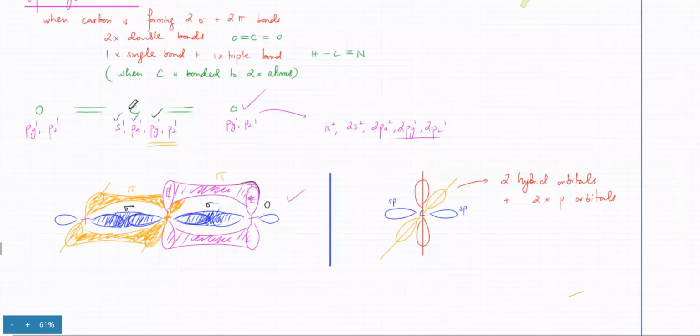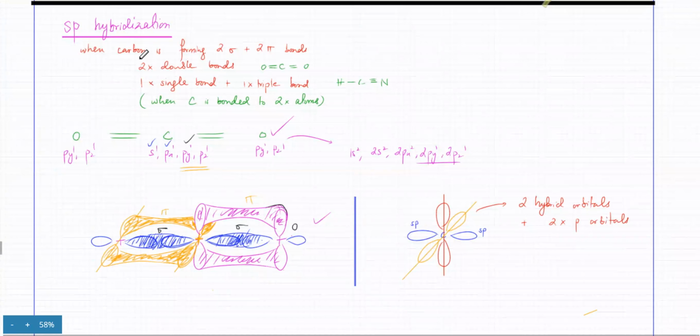And then sp hybridization is when carbon is only bonded to two atoms, or you can say it's forming two sigma bonds and two pi bonds. So carbon has a total of four orbitals. One gets pulled in one direction, that's an sp hybrid orbital. One gets pulled by the other atom, that's another sp hybrid orbital. Two of the orbitals don't change shape, and they are involved in pi bonding. One can form a pi bond on the right, and the other could form a pi bond to the left.